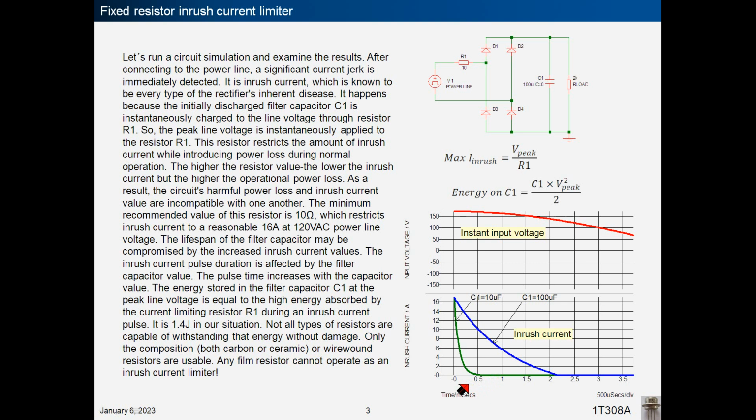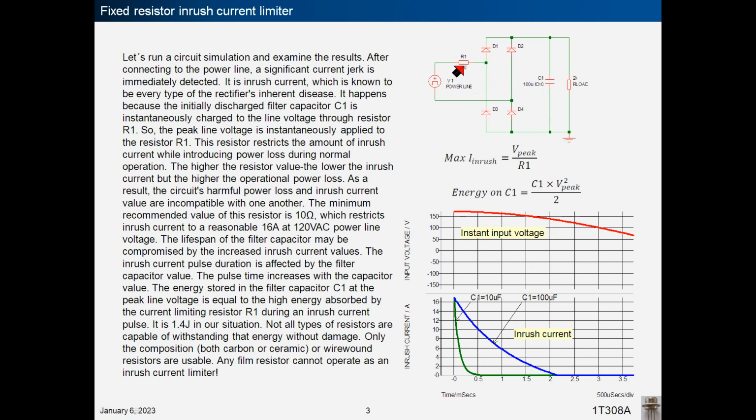It is inrush current, which is known to be every type of rectifier's inherent disease. It happens because the initially discharged filter capacitor C1 is instantaneously charged to the line voltage through resistor R1.